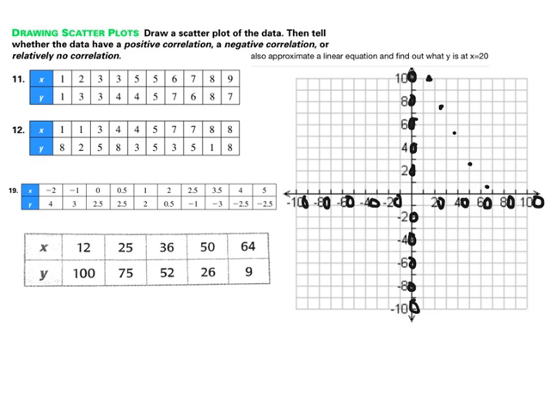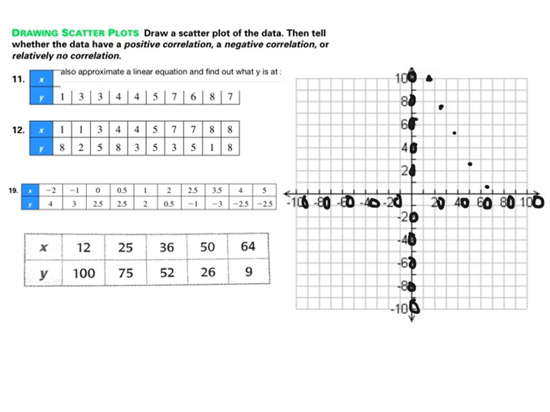Okay, and now we need to draw a line of best fit. When we do that, we come up through here. We try to hit all of our points. Then we go down to an x-intercept and a y-intercept.